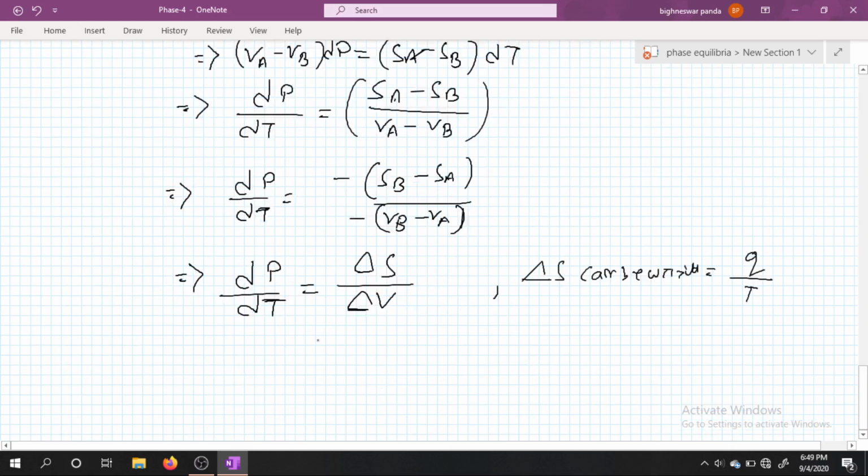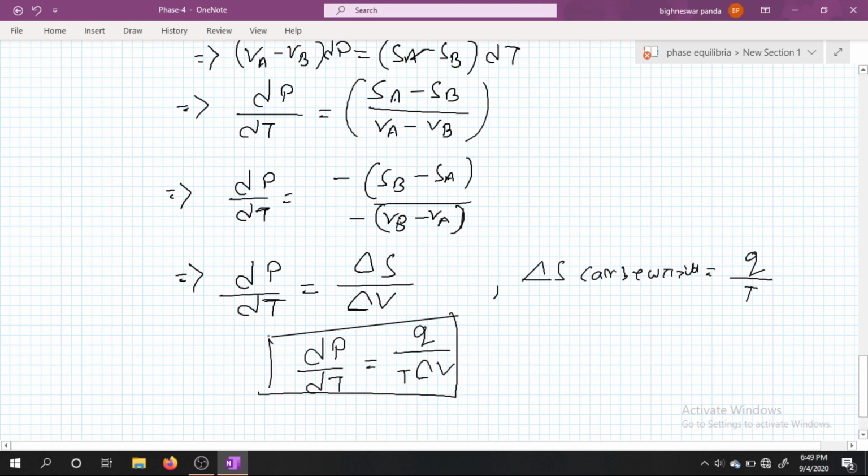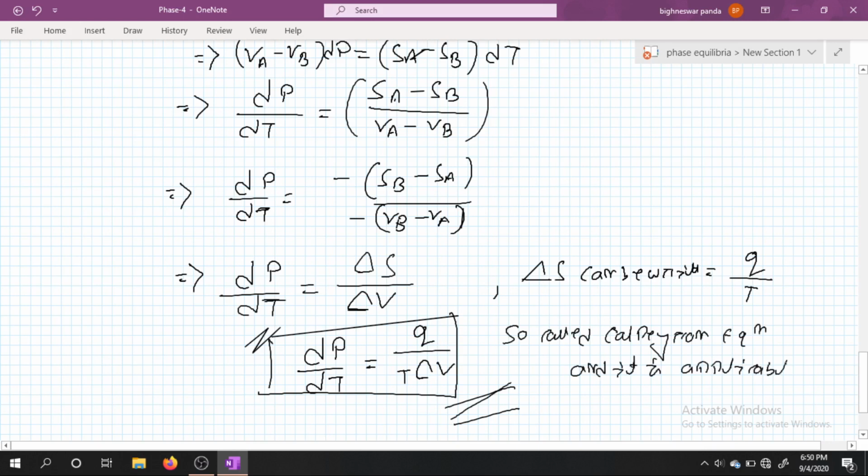So overall dP by dT will be equal to Q by T delta V, and this is the so-called Clapeyron equation, and it is applicable for phase transition.